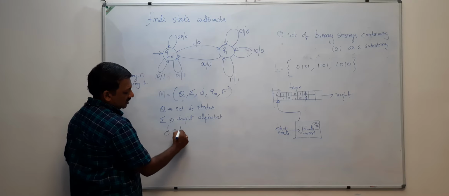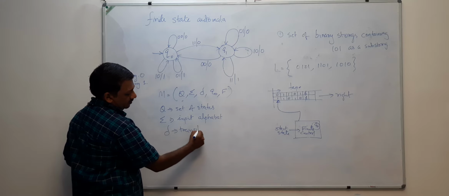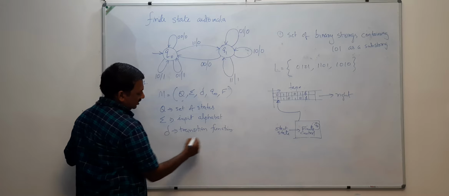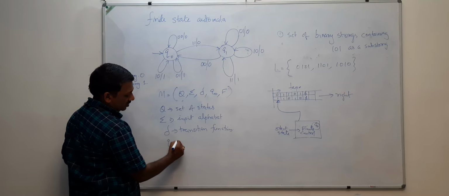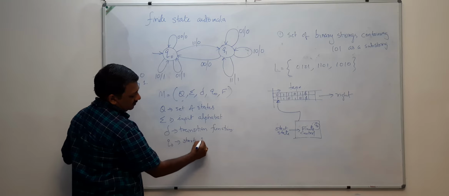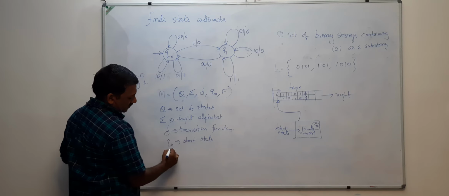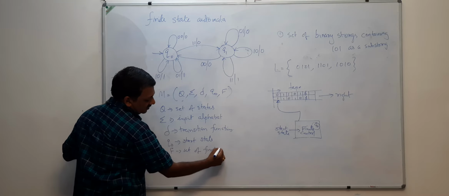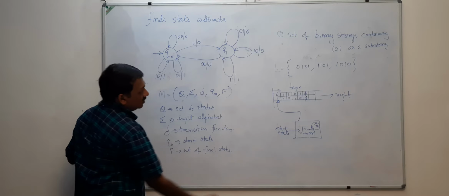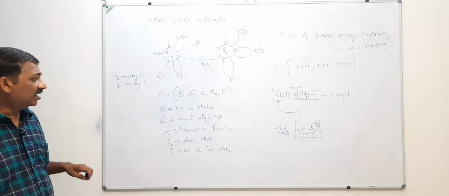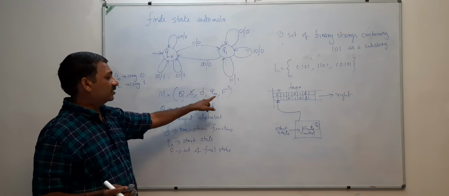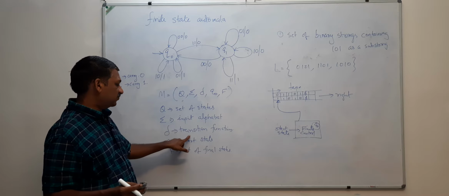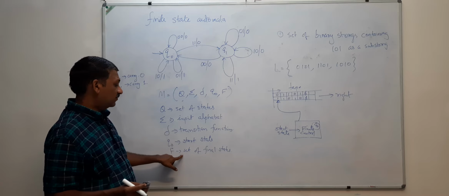Delta is the transition function. Q0 is the start state. F is the set of final states. That means M is equal to Q, sigma, delta, Q0, F, where Q is a set of states, sigma is the input alphabet, delta is a transition function, Q0 is the start state, and F is a set of final states.